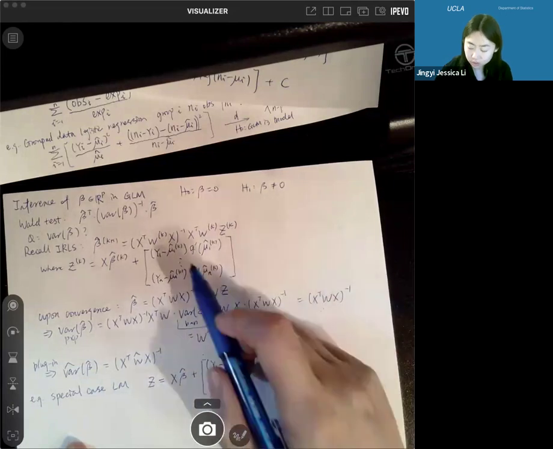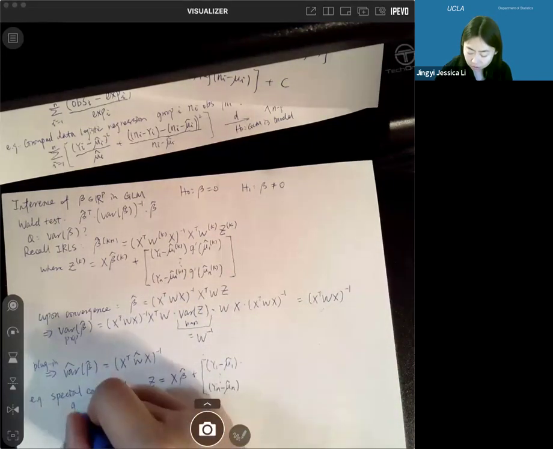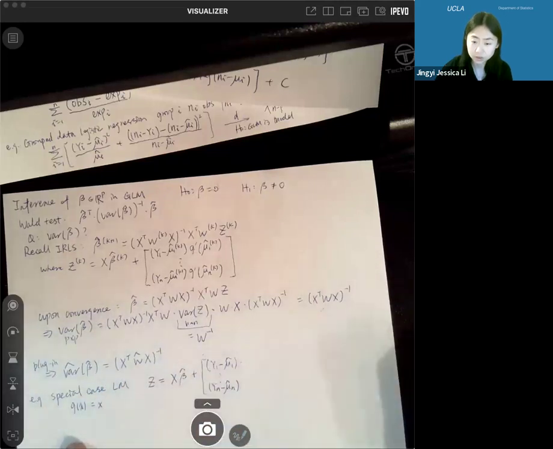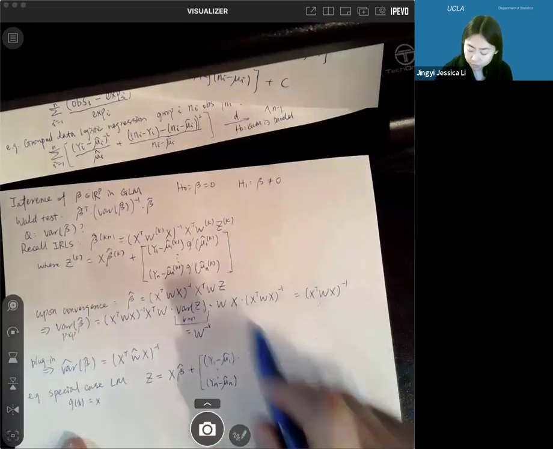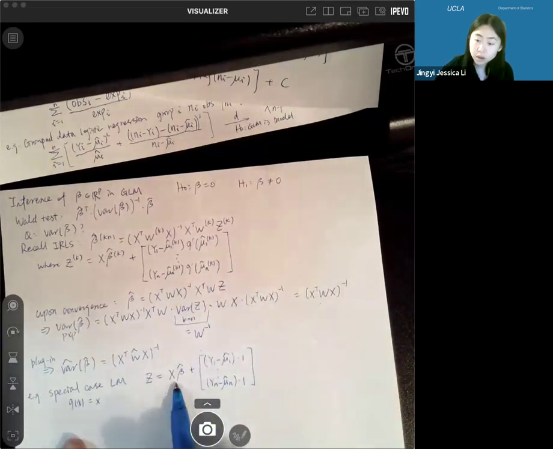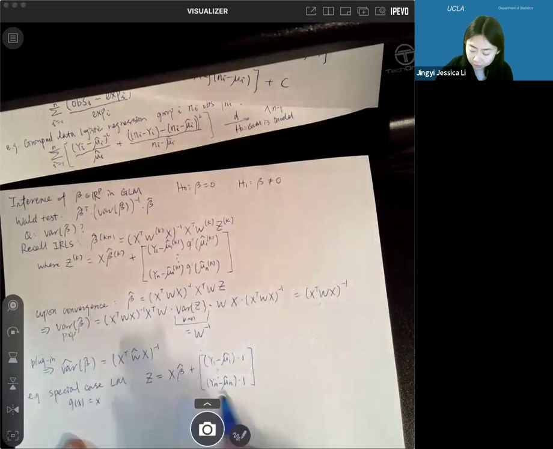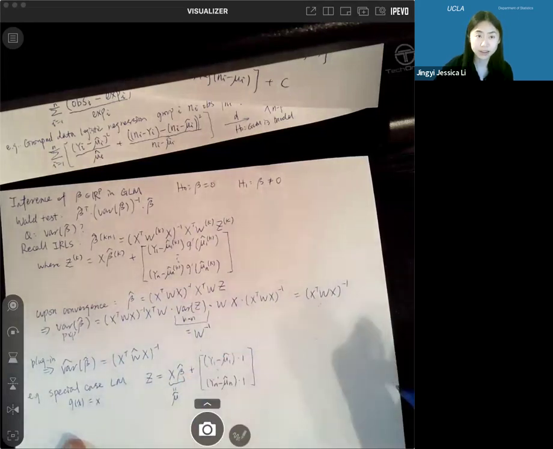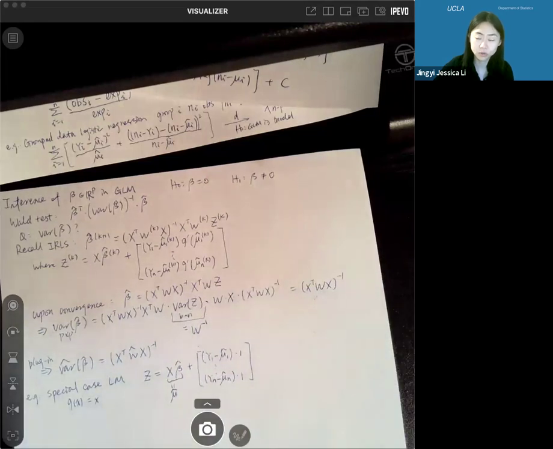And this G function, Gx is just x. It's just the identity function. Then the G prime is just 1. Okay, and we know that x beta hat for linear model is just mu hat. It's the predicted value for y1 to yn.